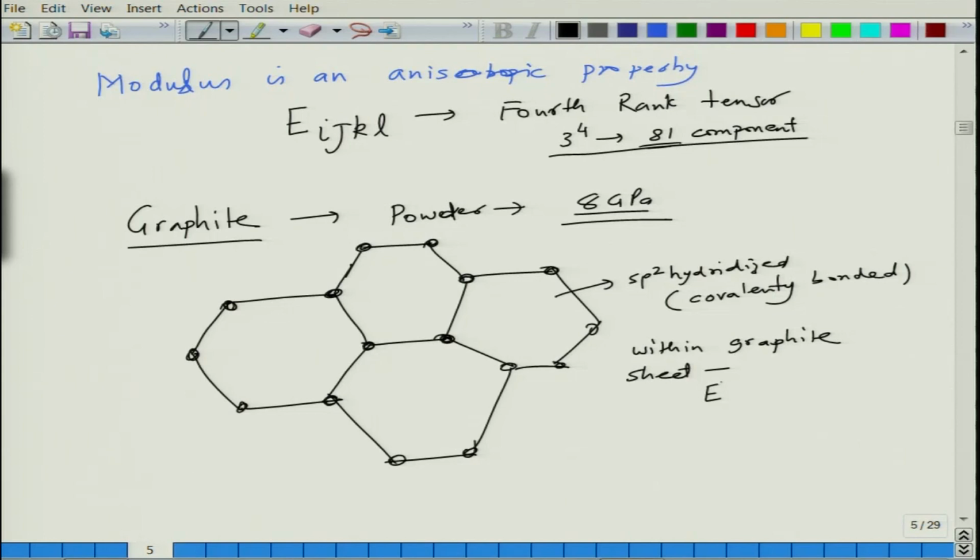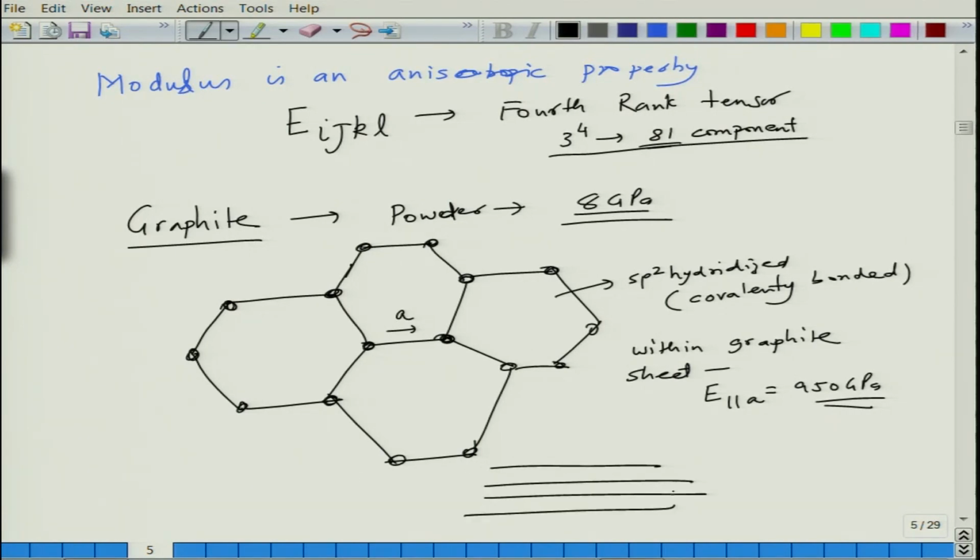So, within a graphite sheet, the modulus, you can say E parallel to, let us say if this is the A axis, E parallel to A would be 950 GPa, which is very close to diamond, almost 1000 GPa. However, if you now look at the graphite sheets like this, parallel to each other, this is one sheet of carbon, this is another sheet of carbon.